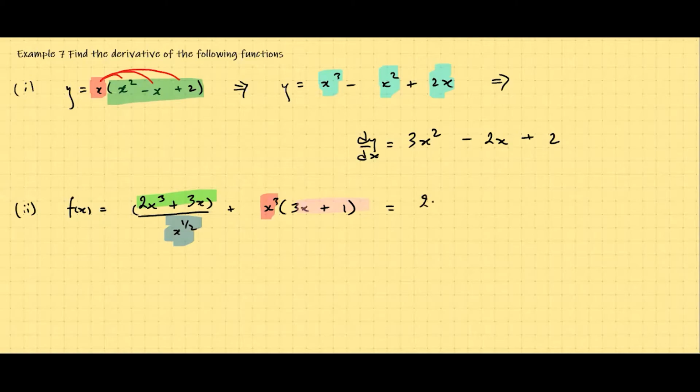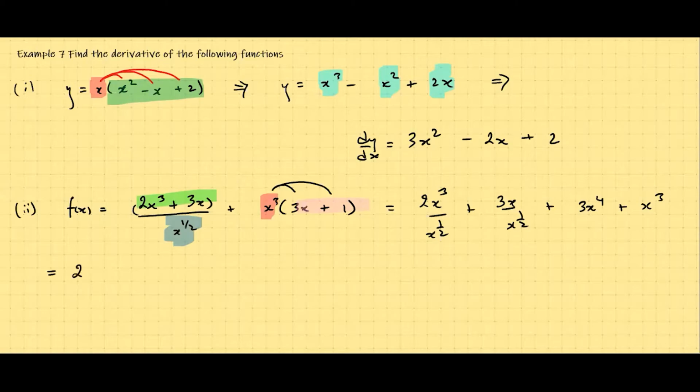So let's tidy this up. We're just going to use some basic algebra to collect terms. I'm going to take that fraction and split it up into two fractions, and expand this by expanding the bracket. So I'm going to get 3x to the 4 plus x cubed. Now I need to tidy up these fractions to get them in the form x to the n.